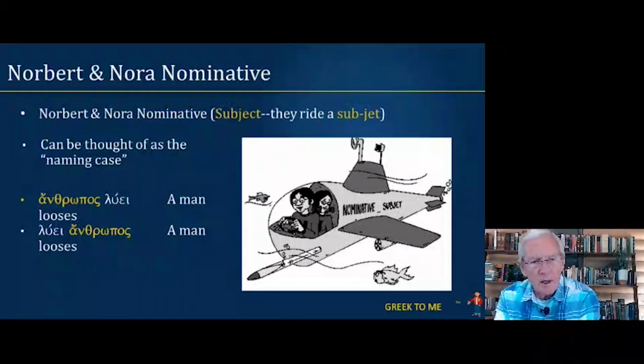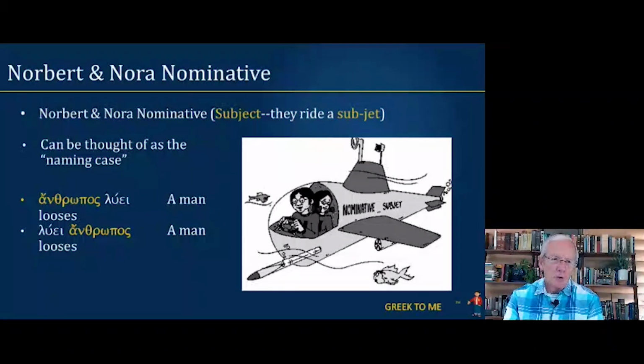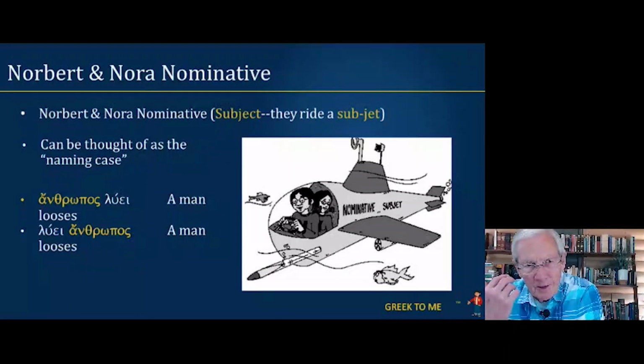Lue there, by way of review, is a present active indicative third person singular. So, a man looses. Now, we could switch up the order here, lue anthropos, and still say the same thing. A man looses. What's the key? Well, it will have to do with the particular ending of the noun that will tell us that that's the nominative case. So Norbert, Nora, nominative, that's the subject.